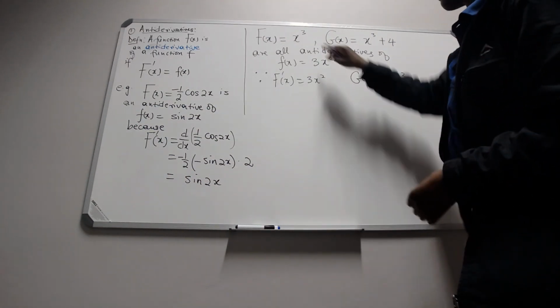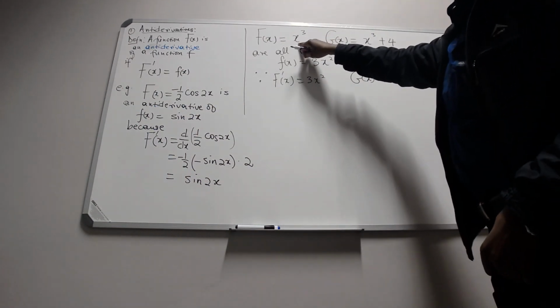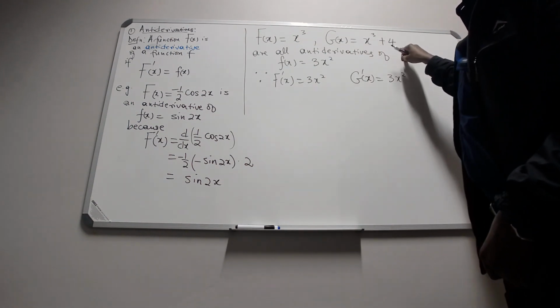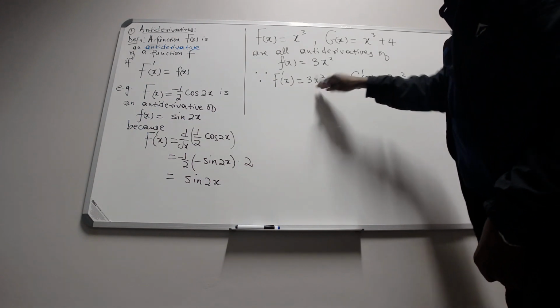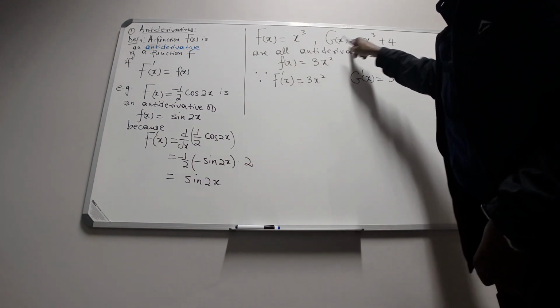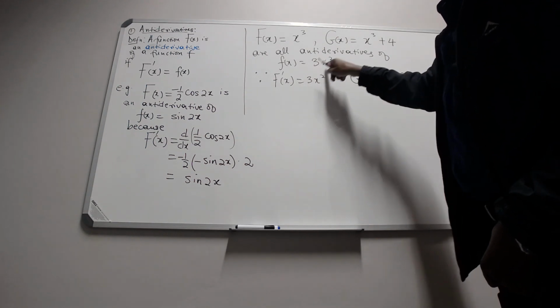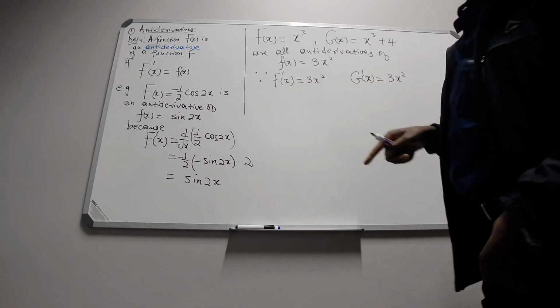And then you may notice that here it's just x cubed, and this side would have x cubed plus 4. But now they are all antiderivatives of the same function, which is 3x squared.